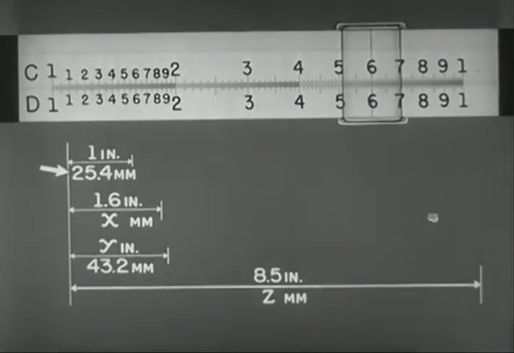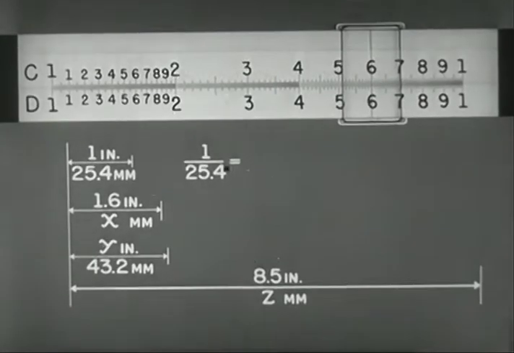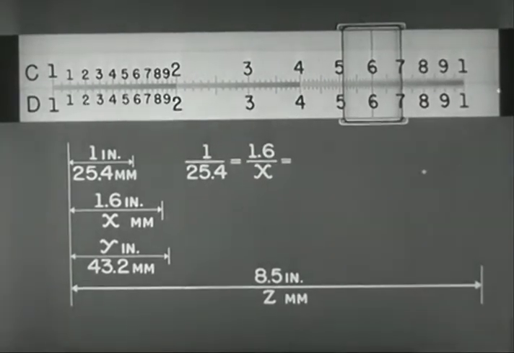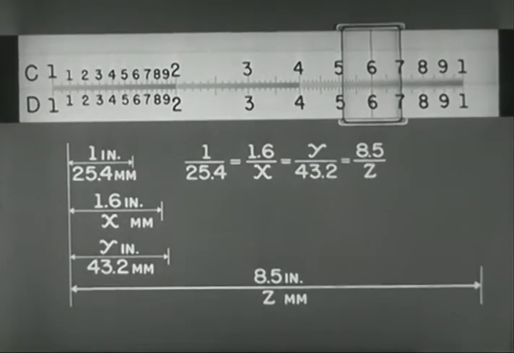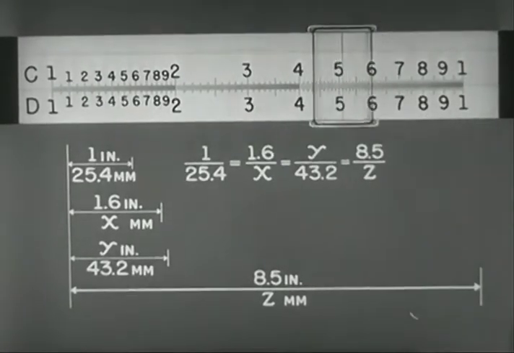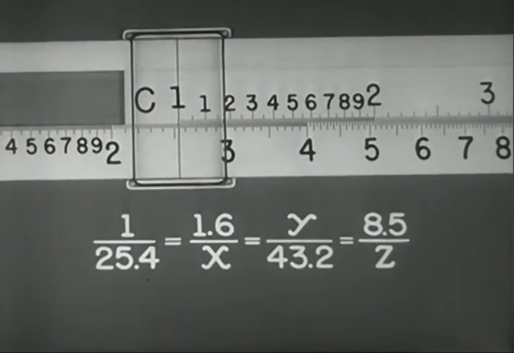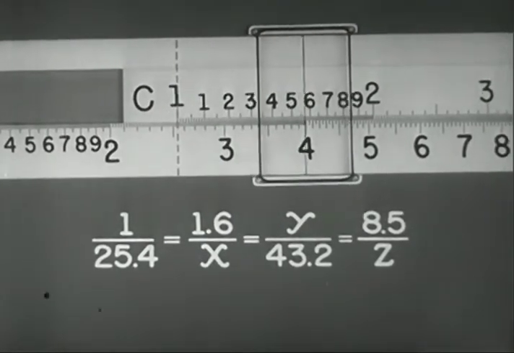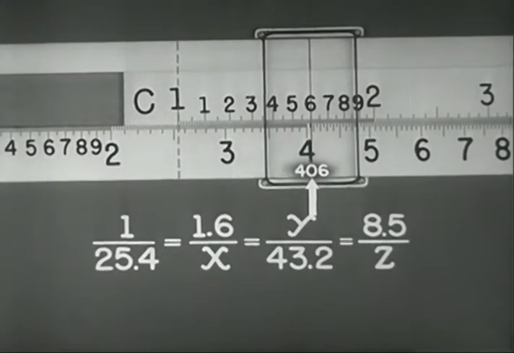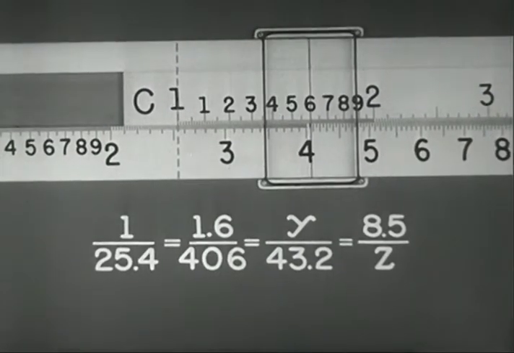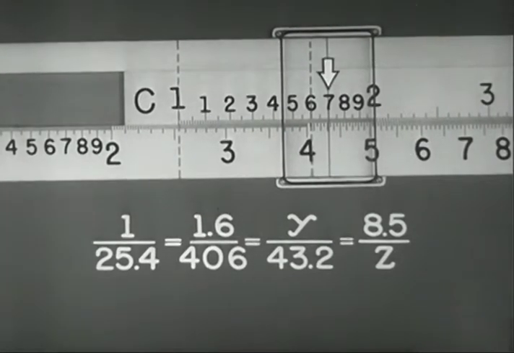Since 1 inch equals 25.4 millimeters, we write 1 is to 25.4, as 1.6 is to X, as Y is to 43.2, as 8.5 is to Z. To 254 on D, set 1 on C. Move the hairline to 16 on C and read X as 406 on D. Move the hairline to 432 on D and read Y as 17 on C.